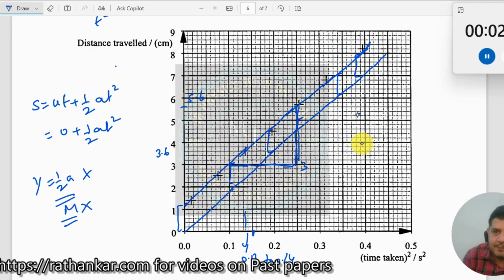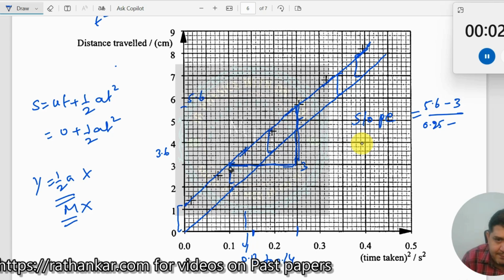Now let us write the slope. Slope is equal to 5.6 minus 3, in centimeters, divided by 0.25 minus, what is this value? Either 0.13 or 0.14. Are we taking it correctly? No, this is not the one. We need to look at here, right?